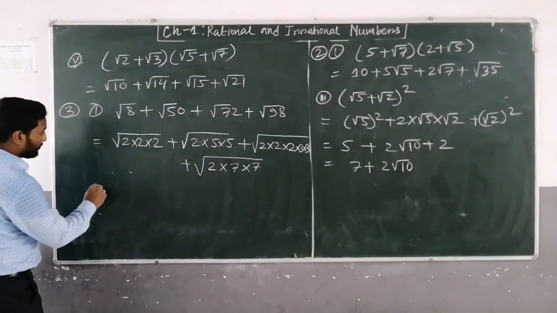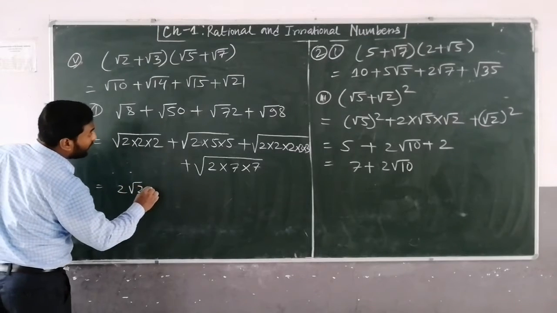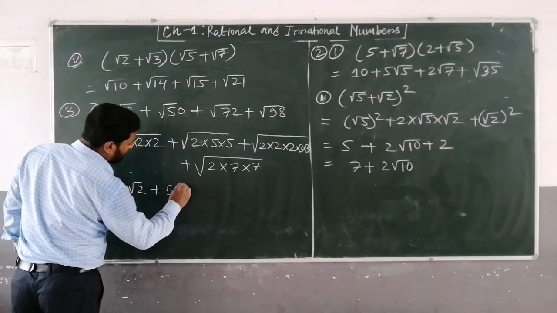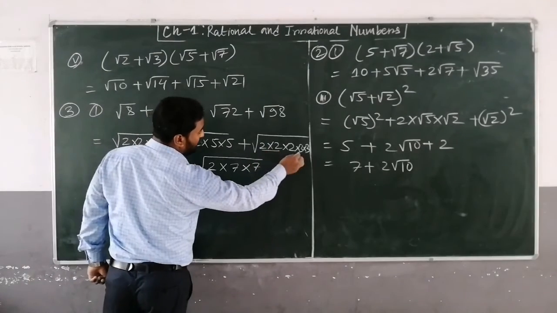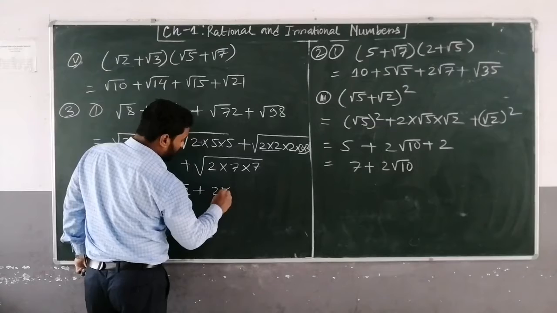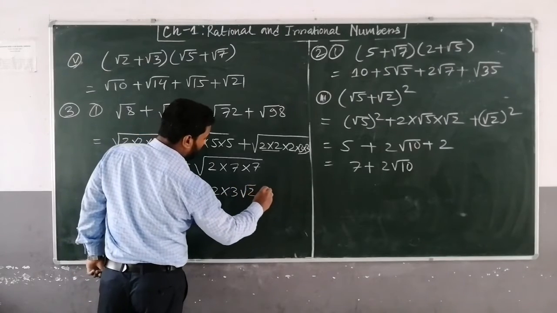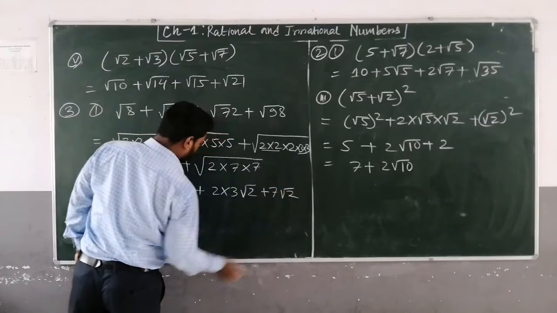So this will be 2 root 2 plus 5 root 2 plus, for this 2 will come outside, for this 3, so 2 into 3 under root 2, plus 7 root 2.